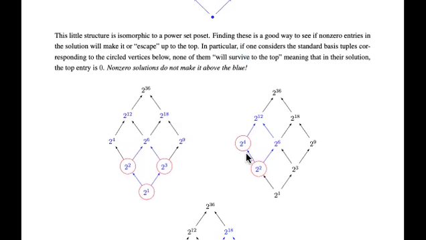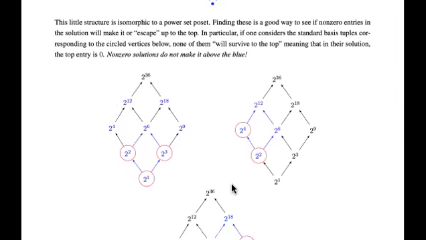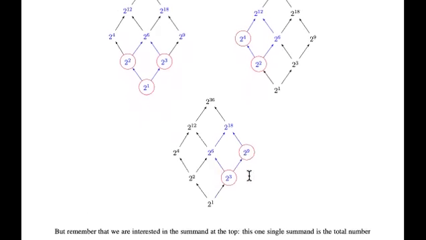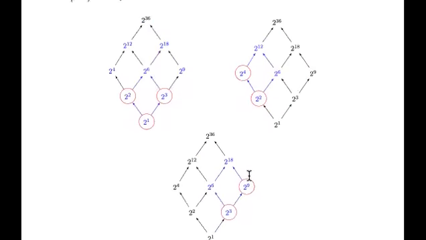Similarly, if you had a 1 here and a 0 here, that's just a singleton set power set, and that won't escape to the top. And similarly over here, the only ones that actually escape to the top.